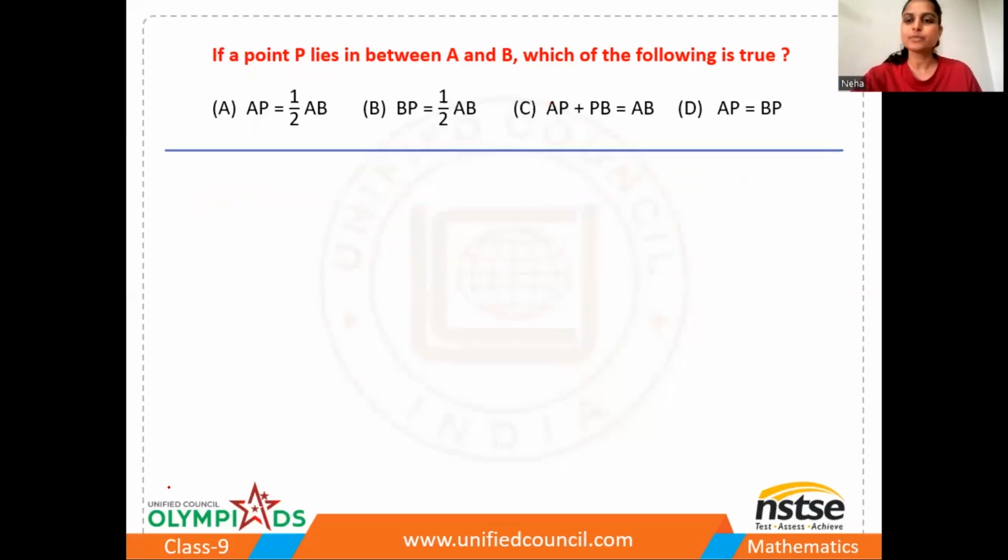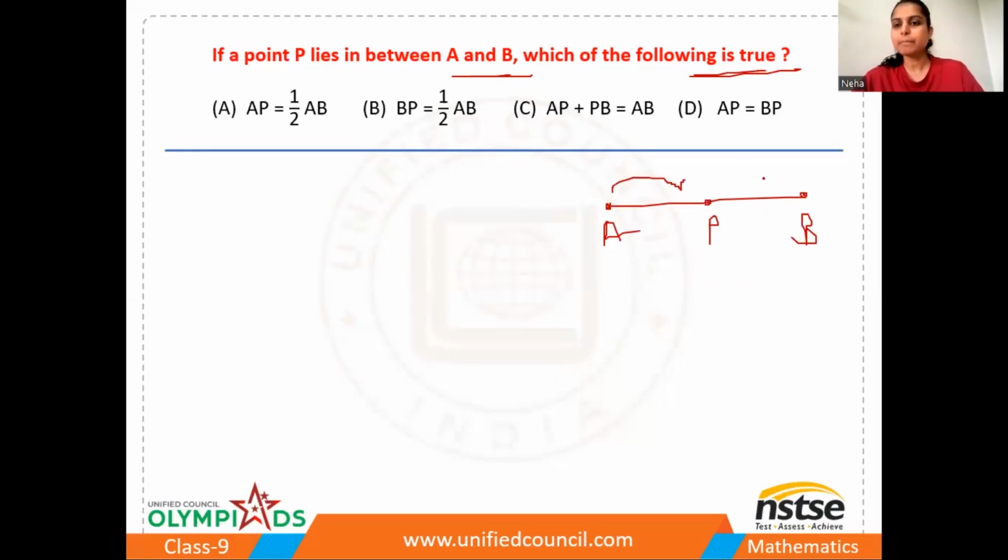Very nice. Now the next one, students. The next question is also quite simple. If a point P lies in between A and B, then which of the following is true? Okay, so this is A and this is B, and point P somewhere lies between A and B. So I can say that AP plus PB is equal to AB.